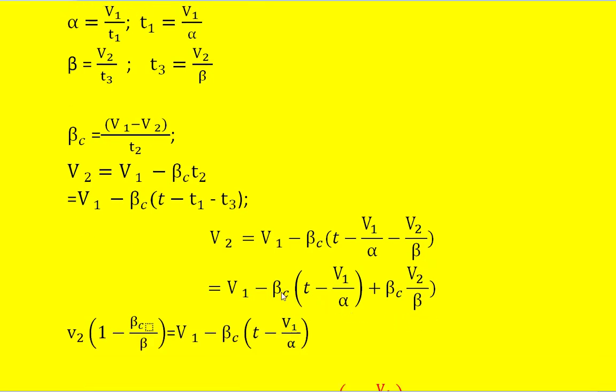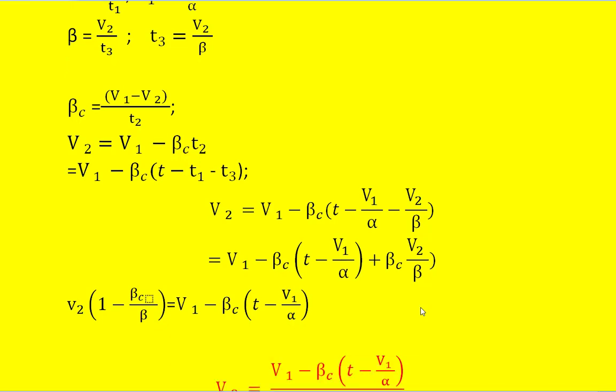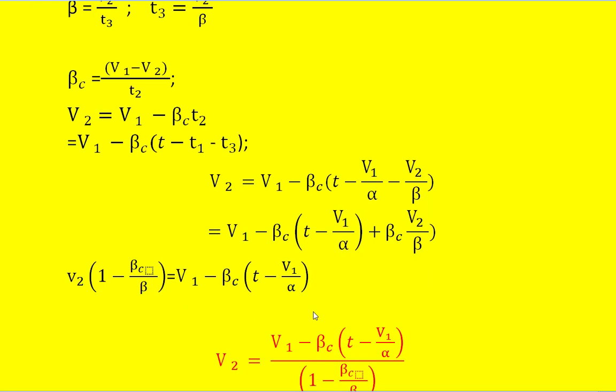From this we can further simplify like this: V2 is equal to V1 minus beta c into T minus V1 by alpha plus beta c V2 divided by beta. So from this further we can write V2 into 1 minus beta c divided by beta, that is equal to V1 minus beta c into T minus V1 by alpha.